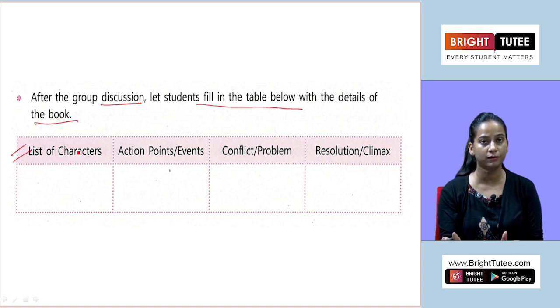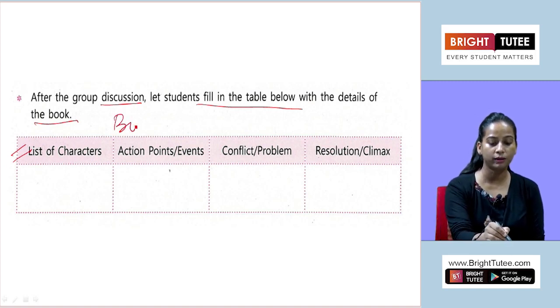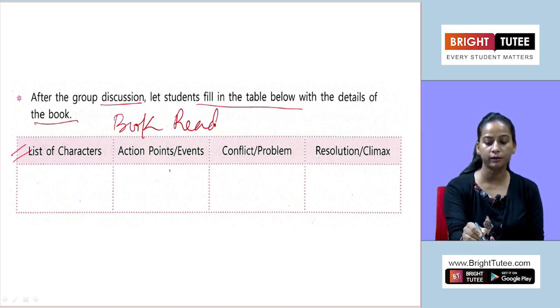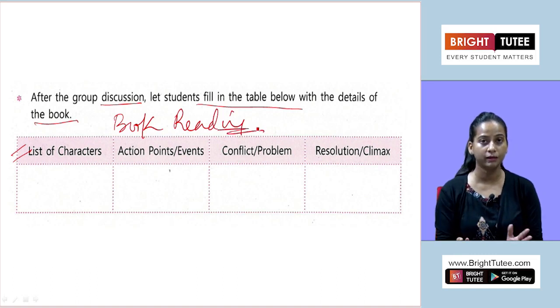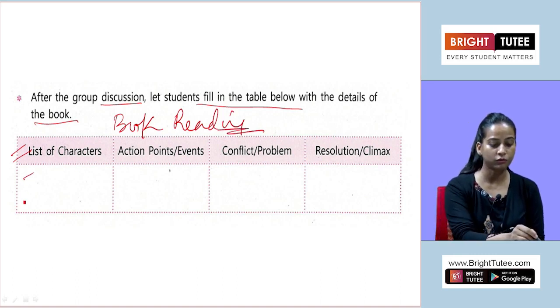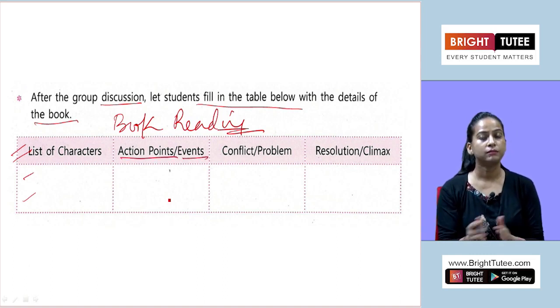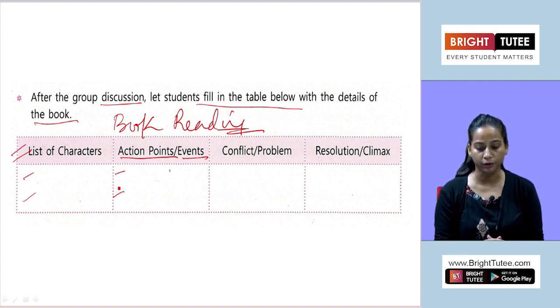So 4 columns are there. Based on whatever book you are reading, you have to keep in mind the characters and mention the different characters there. Action points or events: you have to mention the important events that were involved, or any other point.